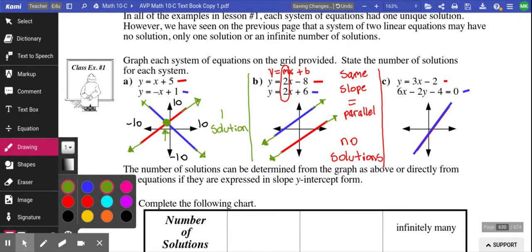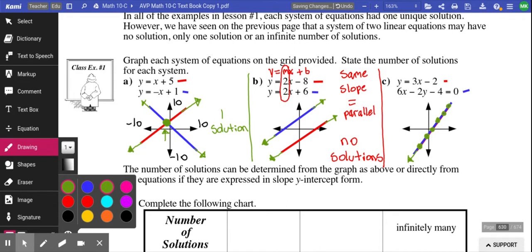This third case is interesting. Do you have a solution there? The answer is yes, because these two lines do intersect each other, but they intersect in a million little places and everywhere in between. If you kept going along these lines, they keep crossing each other forever.